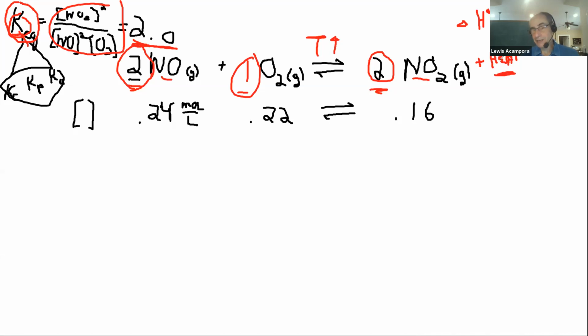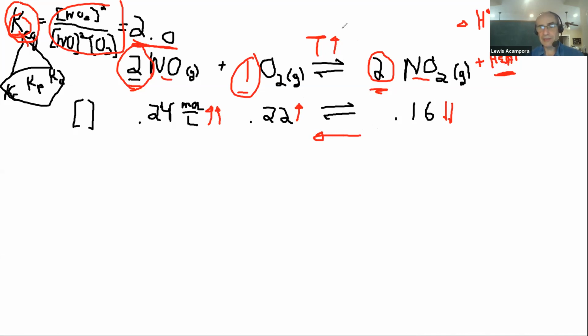And since I'm really increasing the amount of heat as a product, that's going to drive this reaction to the left. So if I increase the temperature, I would expect that these concentrations will decrease, and now this concentration will increase, and this concentration will increase by twice as much when I get to my new equilibrium.